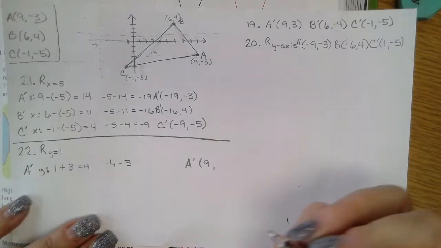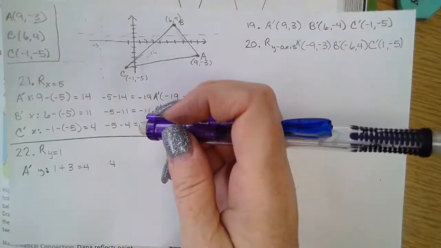So B prime, what's staying the same on my B prime? The 6, the X. Okay, so I need to figure out how far it is from 4 to 1.